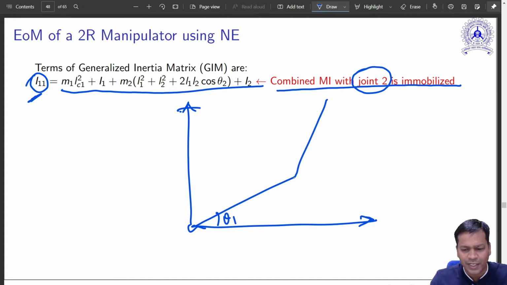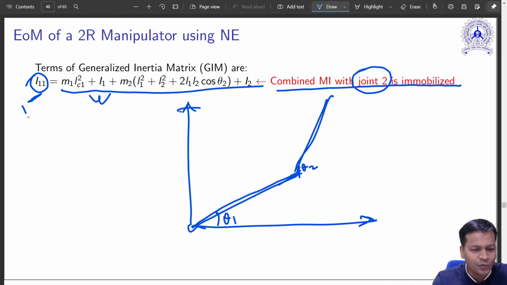This is theta 1 and this is theta 2, and this is frozen. This is the moment of inertia of a link which is shaped like this. So this is the physical meaning of the I11 term. It says your link is of this shape and this is nothing but the moment of inertia of this system. That is the first term.